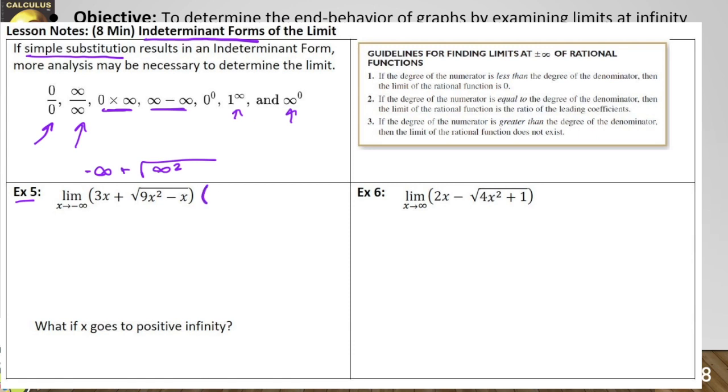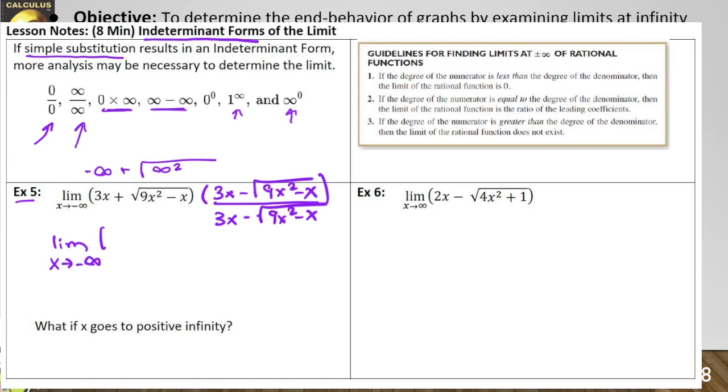When we multiply by the conjugate, we get 3x minus the square root of 9x squared minus x over the same thing. We write it twice so that we're multiplying by the number 1, our favorite trick. And keep your limit notation. Always write the limit notation.